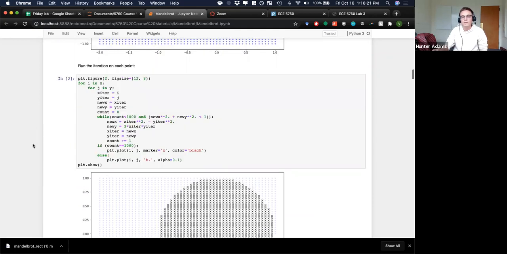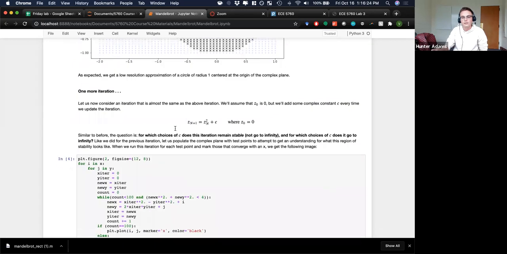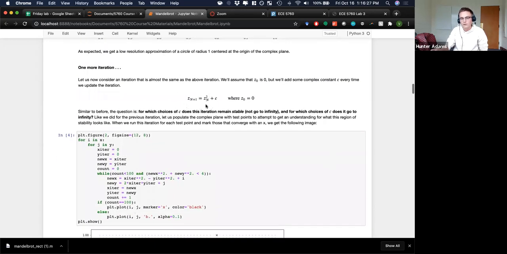The Mandelbrot iteration is a different iteration. It's this one. We start with Z0 at the origin, at 0. And it's not just square it, square it, square it. It's square it and add a constant, square it, add a constant, square it, add a constant. For this iteration, it has been shown by mathematicians that if the magnitude of this complex number exceeds 2, then it is unstable.